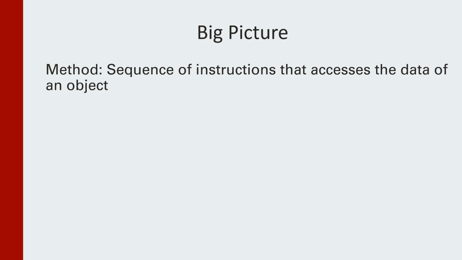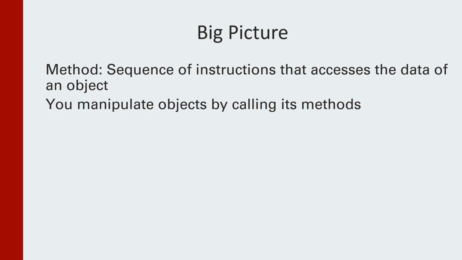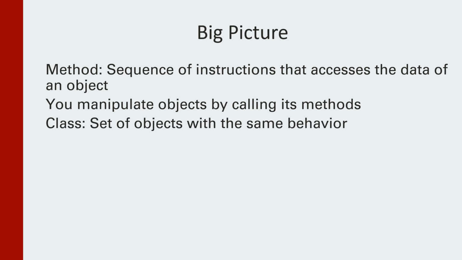So the methods are the instructions that give what those actions are. So basically, you manipulate objects by calling their methods. And a class, by the way, here's some new vocabulary, is a set of objects with the same behavior. And that class is going to tell you what the legal methods for that object are.